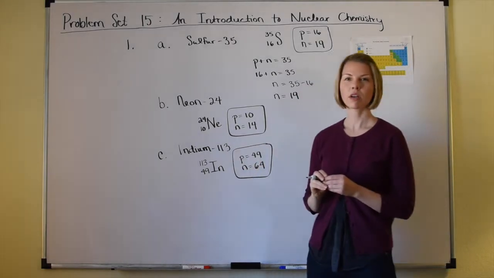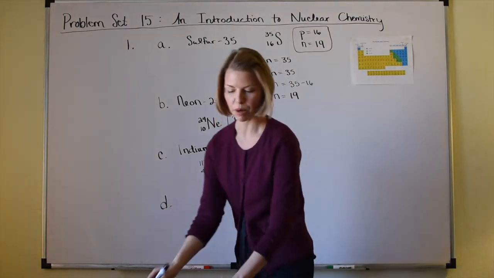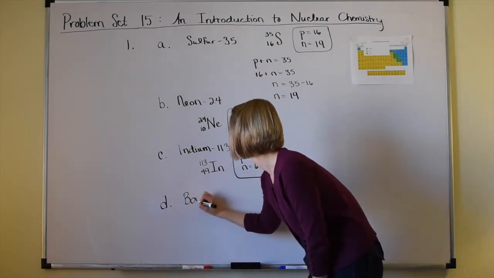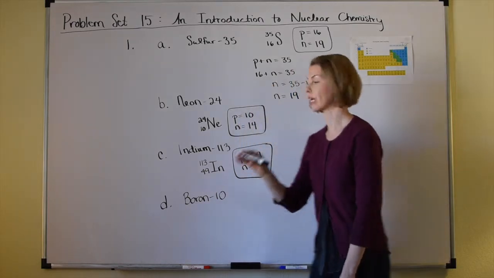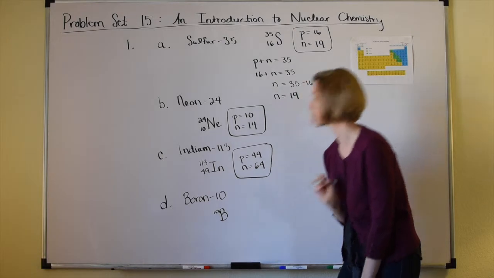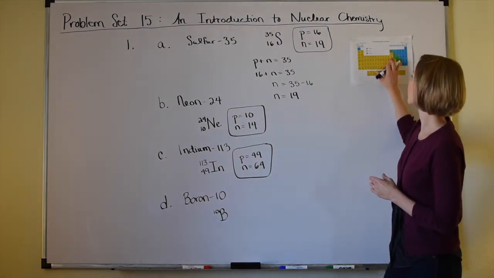Okay, and D. Last but not least for number one, boron-10. Okay, so again, I'm going to go ahead and put the mass number as a superscript before the element symbol, and then I'm going to go to the periodic table.